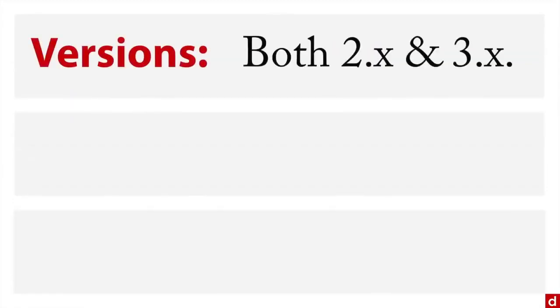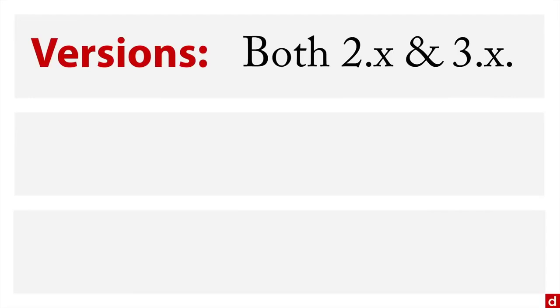Now, a couple of things to know about Python. First is about versions. There are 2 versions of Python that are in wide circulation. There's 2.x, so that means like 2.5, 2.6, and there's 3.x, 3.1, 3.2. Version 2 and version 3 are similar, but they're not identical.